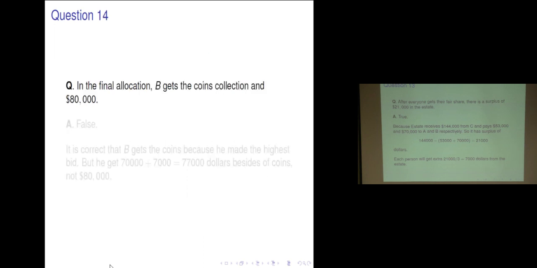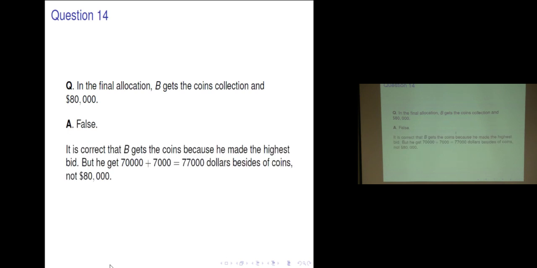Then question 14 says, in the final allocation, B gets the coin collection and $80,000. So the answer is no, it's not true. It is correct that B gets the coins, because he made the highest bid, but he also gets 70,000.